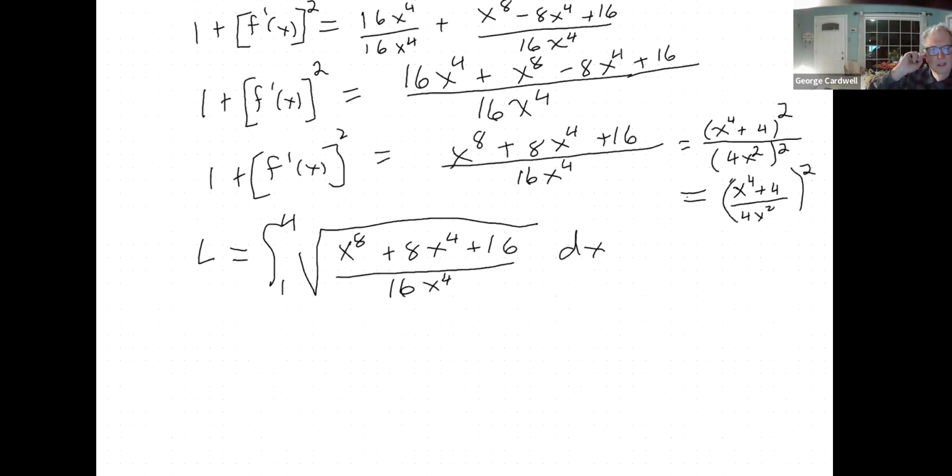Because a over b quantity squared is the same thing as a squared over b squared. So we're applying that. Once I know I can write it that way, you feel a sense of relief, because all of a sudden this thing's way easier to evaluate.